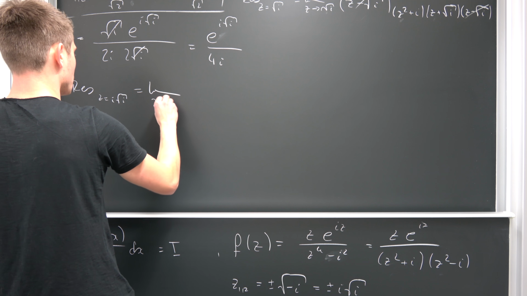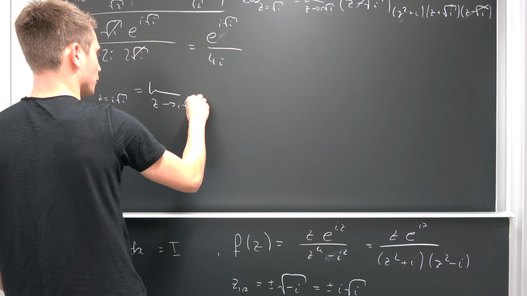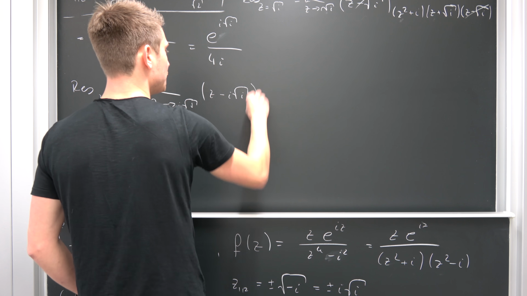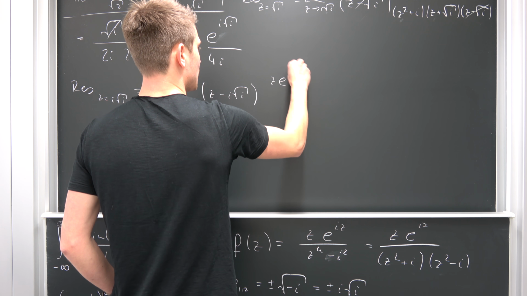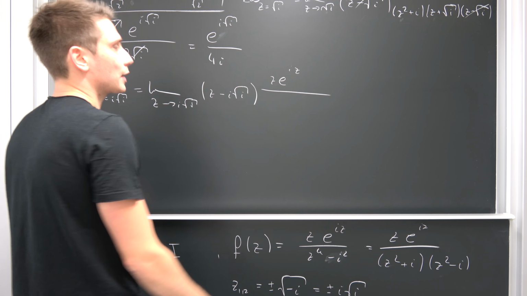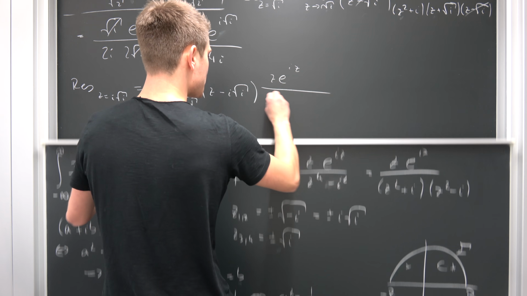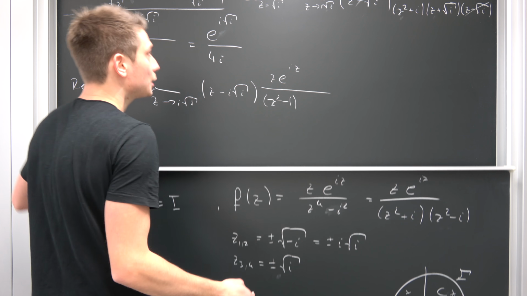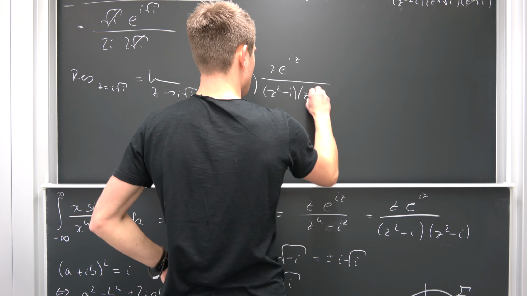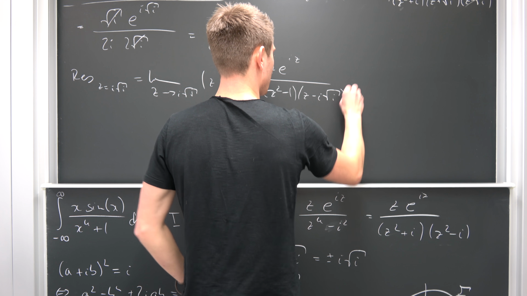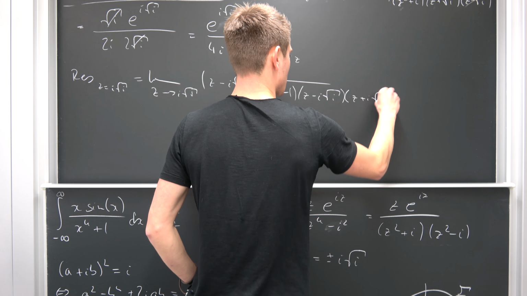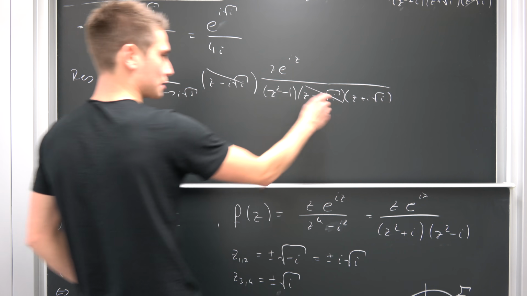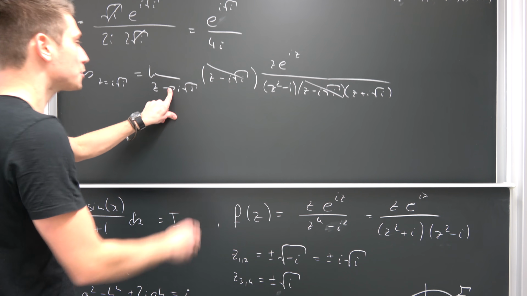Limit as z approaches i times square root of i of, well, z minus i times square root of i, z e to the i z over, okay, now I'm going to leave this part as it is, z squared minus 1, and I'm going to factor this one respectively. So we are going to get z minus i times square root of i, z plus i times square root of i. And once again, you might notice that this and that is going to cancel out, and now we can safely take the limit.